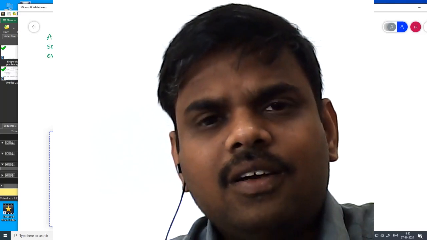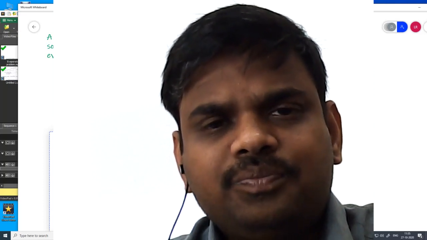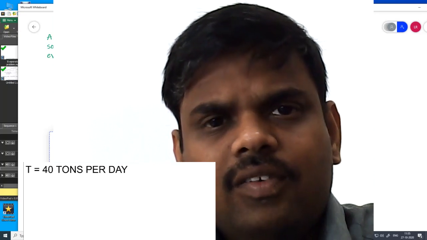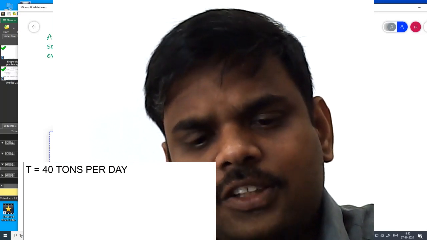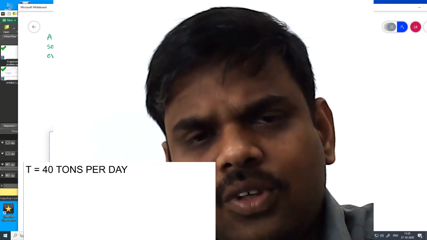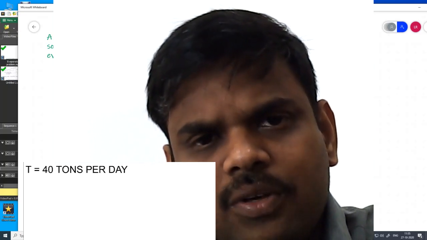Then, to get the value of E, we have equation 1A. Let T equal to 40 tons per day be equation number 2. Substitute equation 2 in equation 1A to get the evaporate value. E is equal to 100 minus T, so 100 minus 40 is 60 tons per day. So we get evaporation rate equal to 60 tons per day.